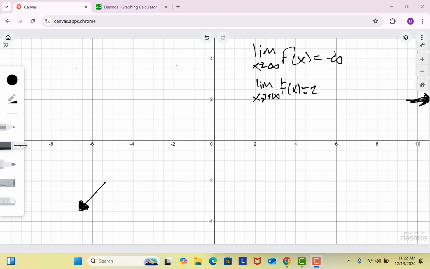Okay. And then now we're given limits that have a number as x approaches. So this one, the limit as x approaches -7 of f of x, of course, don't forget the f of x, equals f of -7 equals 0.